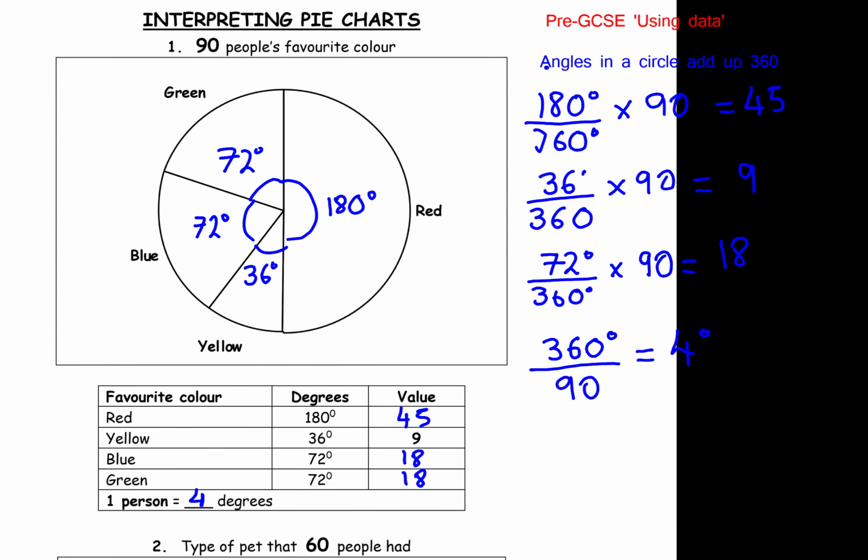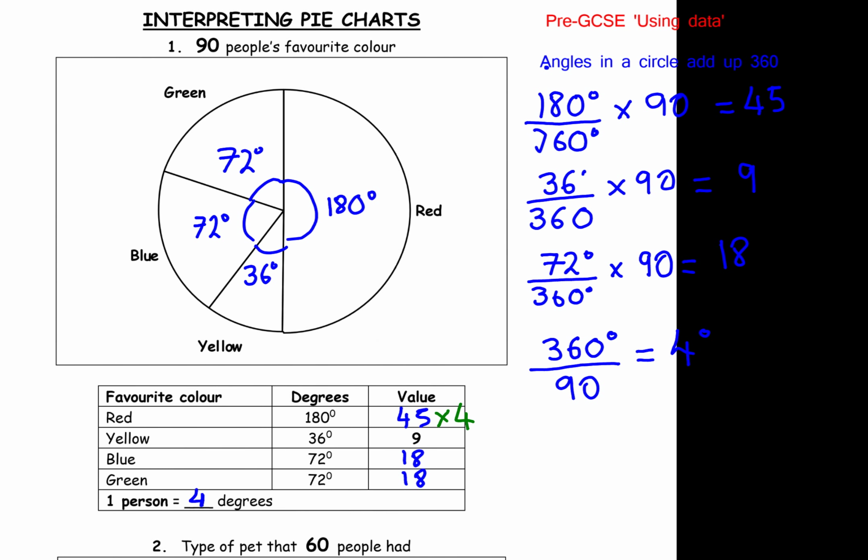Now to check this, I have said one person is 4 degrees. So now to convert, let's say they gave us the value and they wanted us to convert it into degrees. I know that one person is worth 4 degrees, so all I have to do now is to times the value by 4.